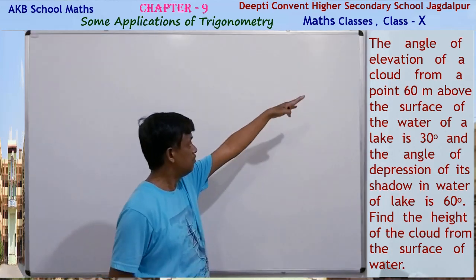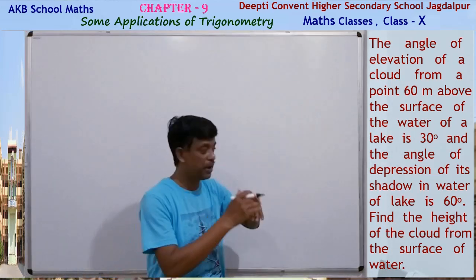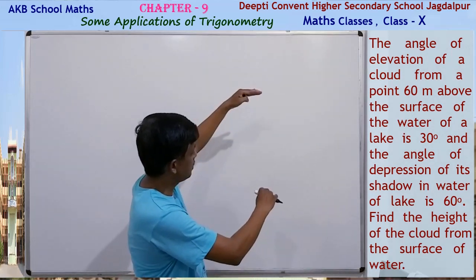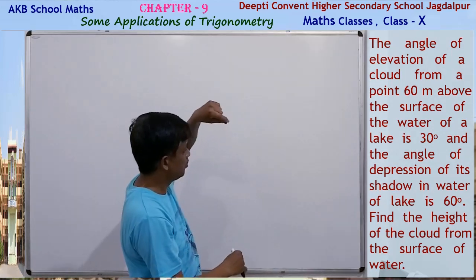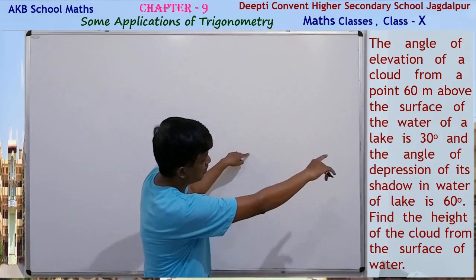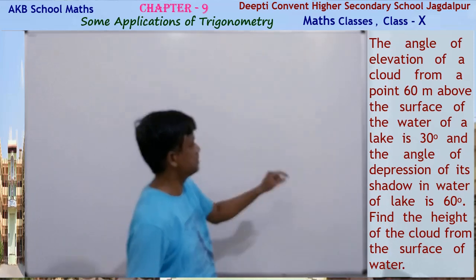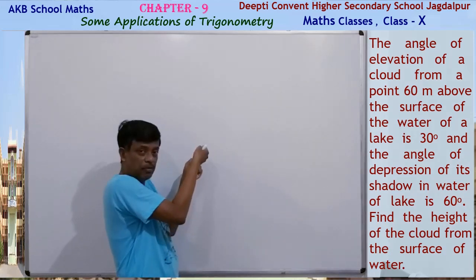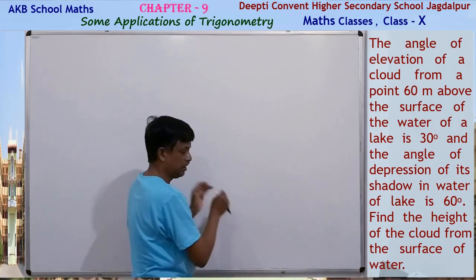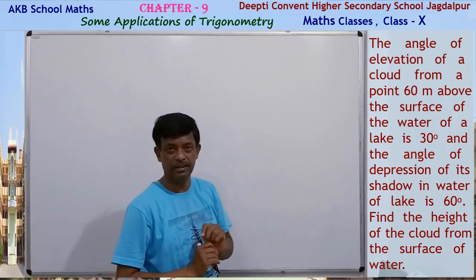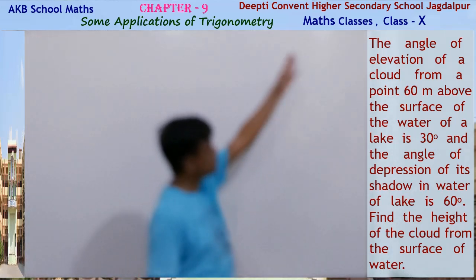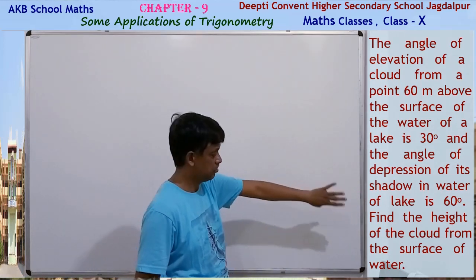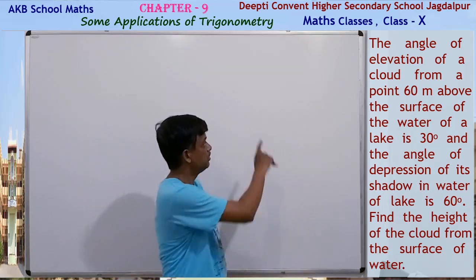The angle of elevation of a cloud from a point 60 meter above the surface of water of a lake is 30 degree, and the angle of depression of its reflection or shadow in water is 60 degree.